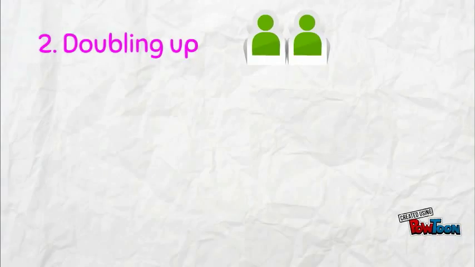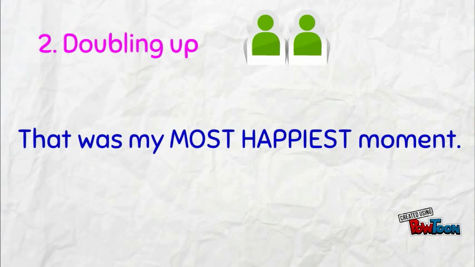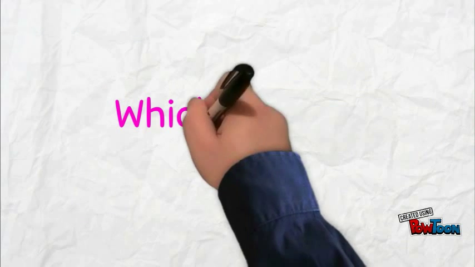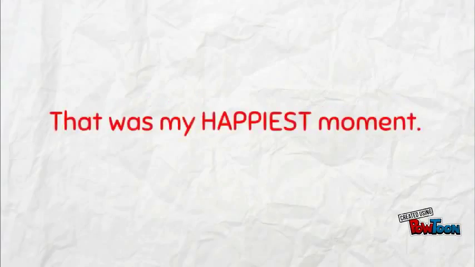Another mistake is called doubling up. Look at this sentence: that was my most happiest moment. The problem of this sentence lies in the phrase most happiest, because both most and the -est ending can express superlative degree. Therefore, using the 2 words at the same time is wrong. The correct one should be, that was my happiest moment.